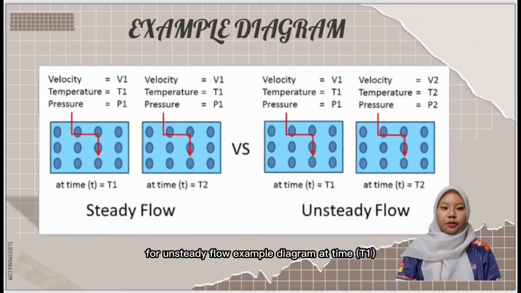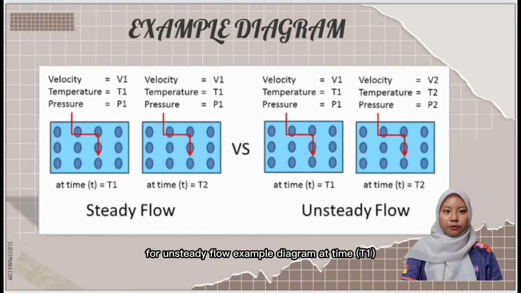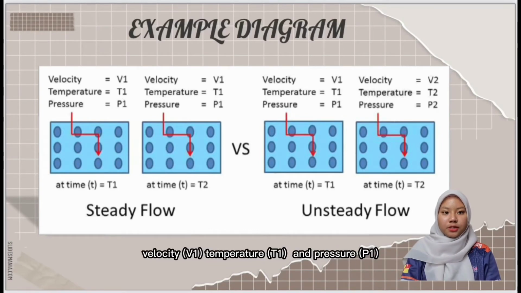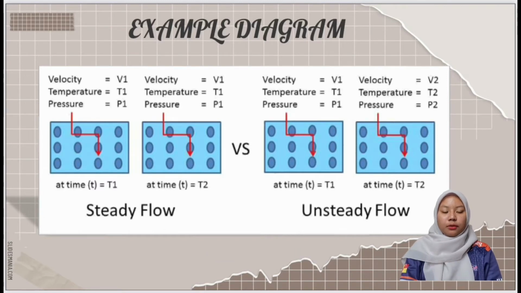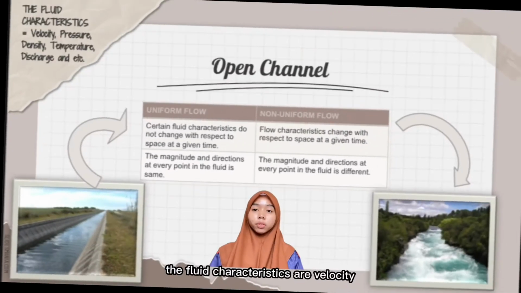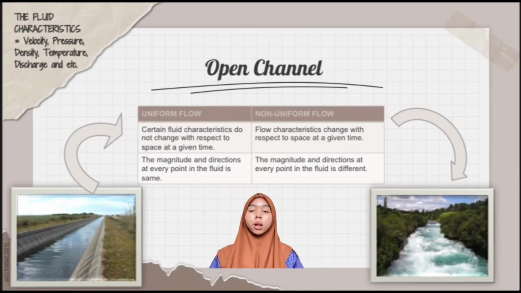For the unsteady flow example diagram, at time T1, velocity V1, temperature T1, and pressure P1 are different from time T2, velocity V2, temperature T2, and pressure P2. The fluid characteristics are velocity, pressure, density, and so on.